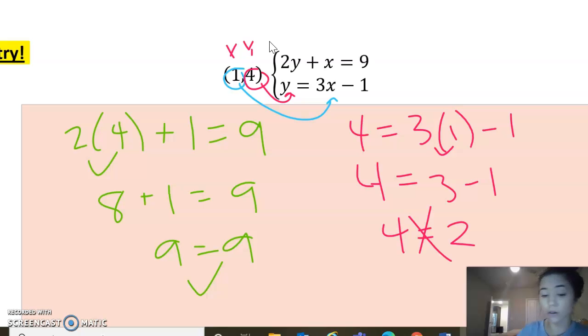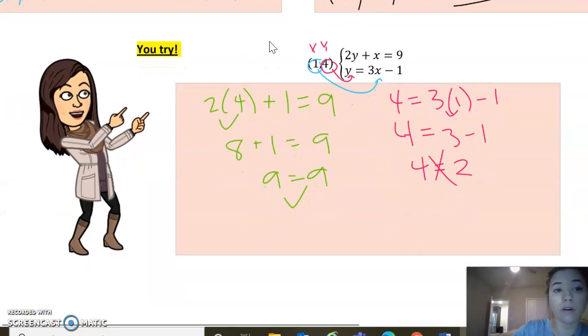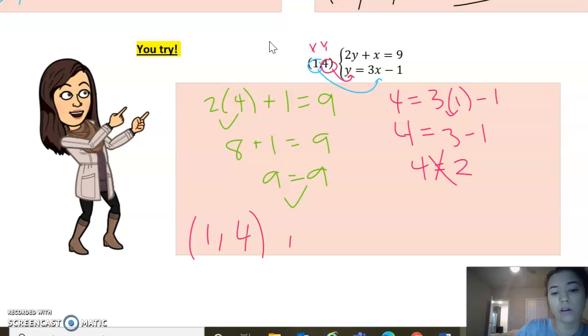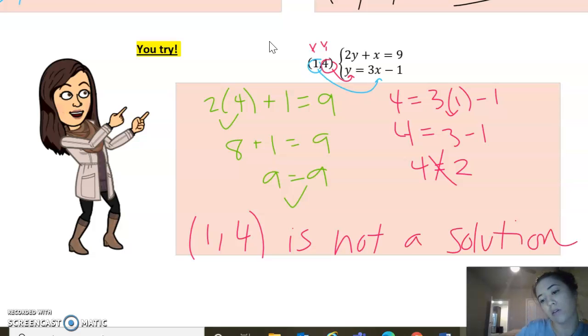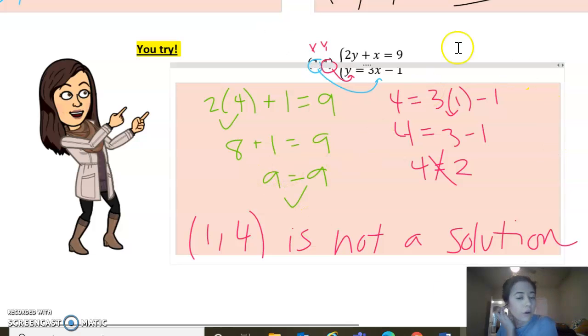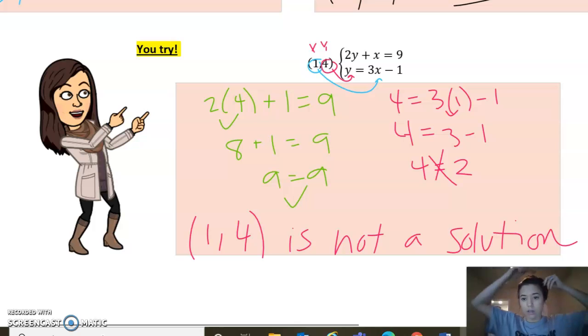That is not true. 4 does not equal 2. So we would end this by saying (1, 4) is not a solution to the system. Okay, again, it has to be true for both.